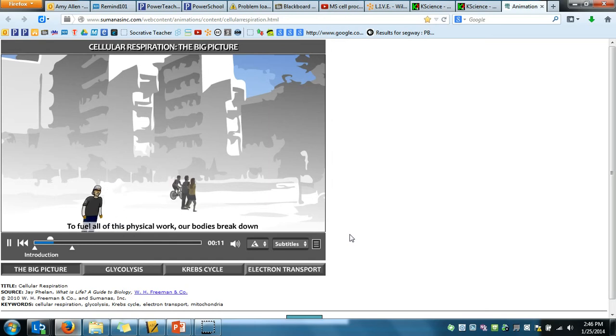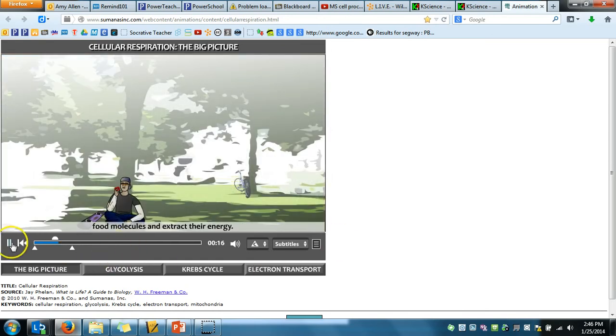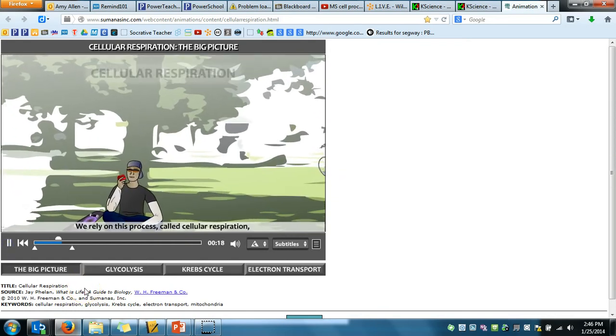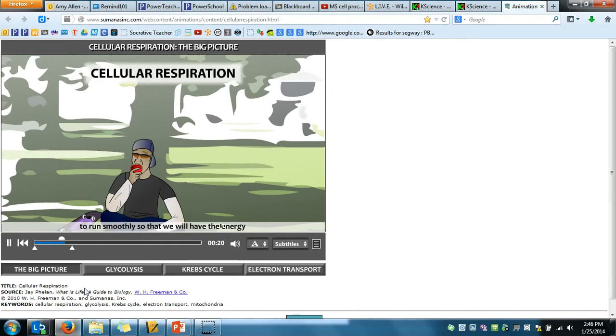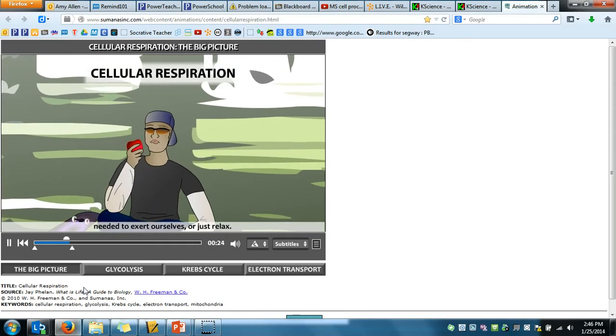To fuel all this physical work, our bodies break down food molecules and extract their energy. So you can see the character's eating an apple. His body is going to then break down those tiny pieces of apple into energy. This process, called cellular respiration, needs to run smoothly so that we'll have the energy needed to exert ourselves, or just relax.